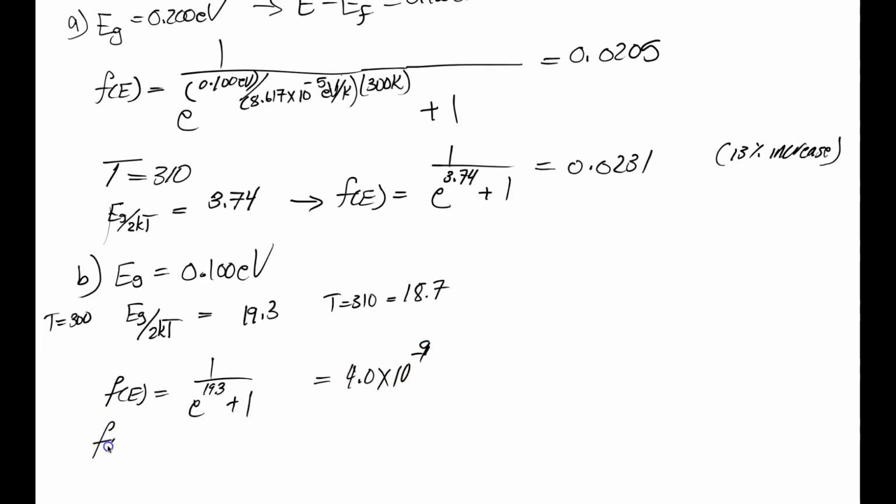And if we put the temperature at 310, we get 1 over e to the 18.7 plus 1, which is 7.4 times 10 to the negative 9.